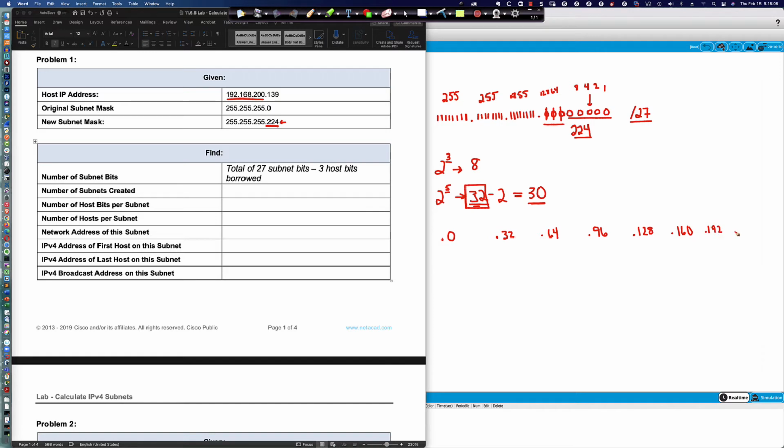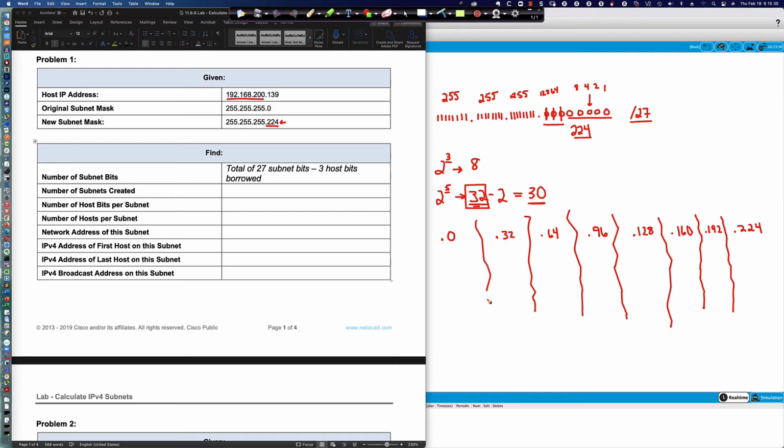And the eighth and final subnet ID is going to be 192 plus 32, which is going to take us to 224, right? All values that we're very, very familiar with when we worked with our binary to decimal conversion. And so here you can see we have the 8 subnet ID values.